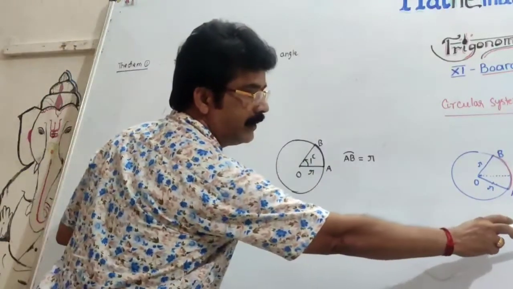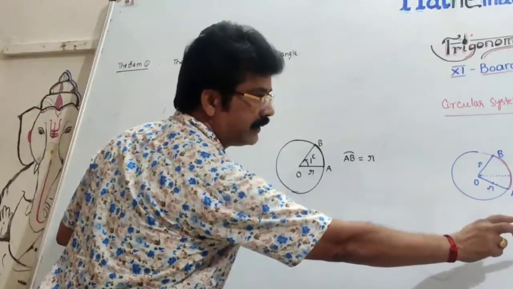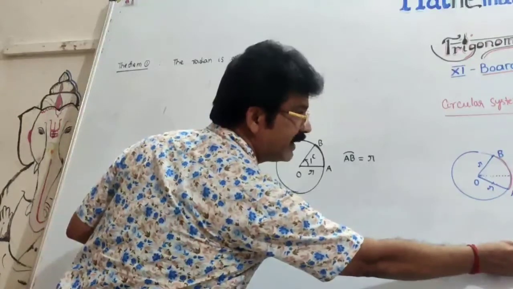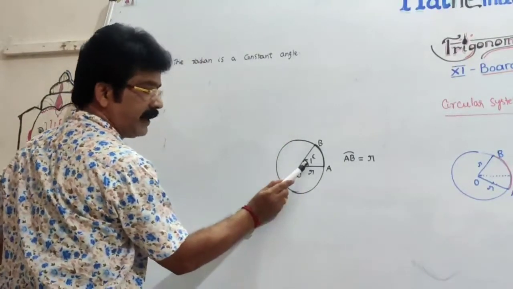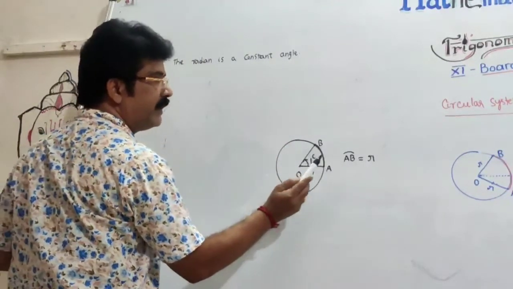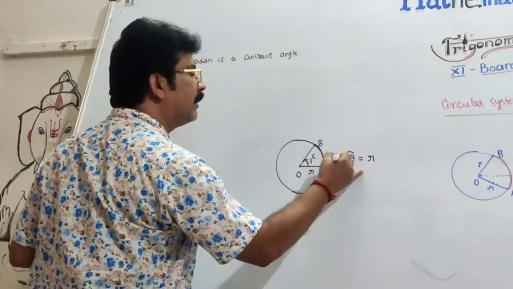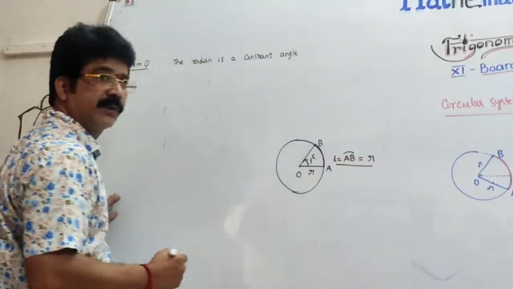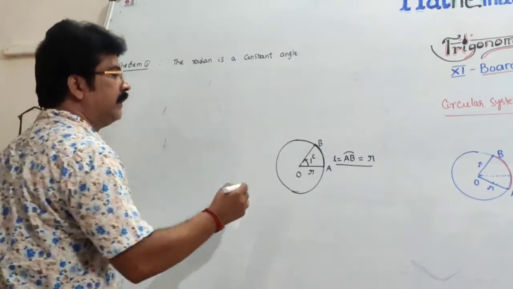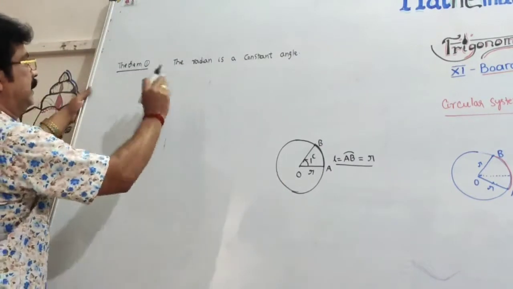Already I showed there, if L is equal to R, then this angle is 1 radian. So I assumed 1 radian. Therefore, definitely the length of the arc is equal to the radius. Understand? Next, I will write the word proof.